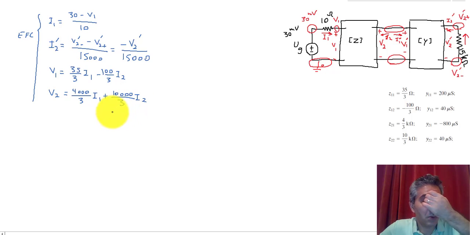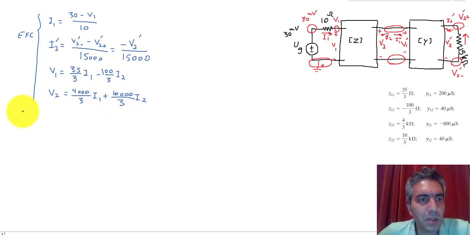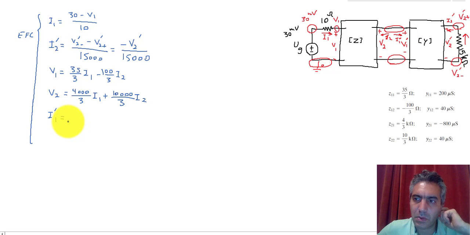I2. So those two are equations for the subsystem on the left, and then for the subsystem on the right we have the Y parameters. So now I1 prime is equal to Y11, which is 200 microsiemens. So I'm using ohm, so I'm going to use also Siemens.